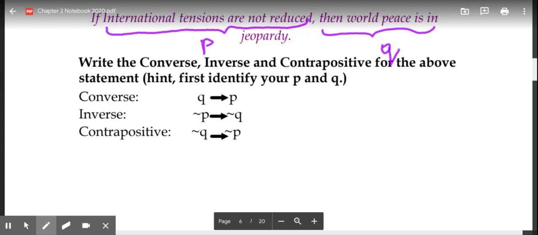Okay? So how do I find converse? To form a converse, you switch if and then.